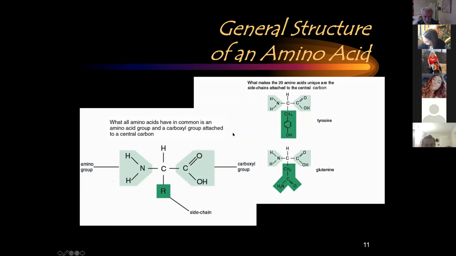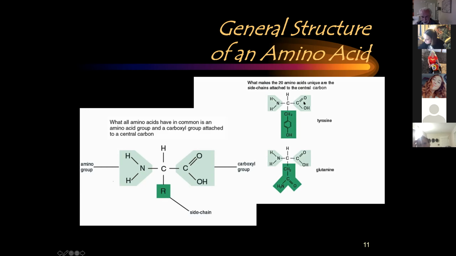Now, this is what all amino acids have in common. They all have an amino group and a carboxyl group joined to a central carbon, which has an attendant hydrogen atom and a so-called R group, the side chain, and that's what causes the distinction among amino acids.